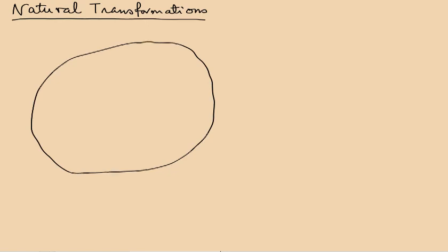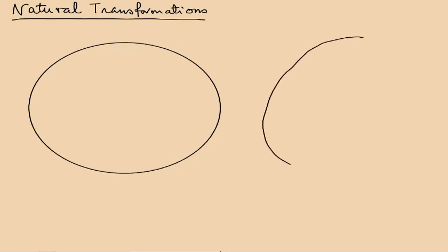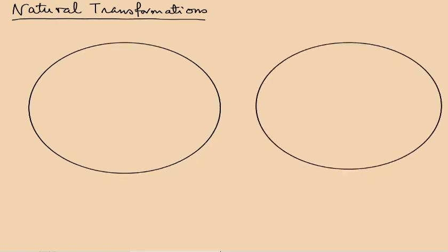gives you another picture. So suppose we have two categories, say the category A and a category B. And I have a functor F. So what is it doing if I have a diagram like this?